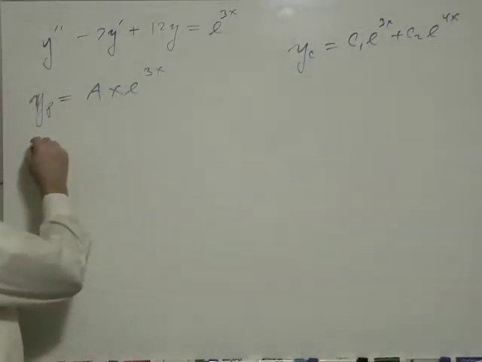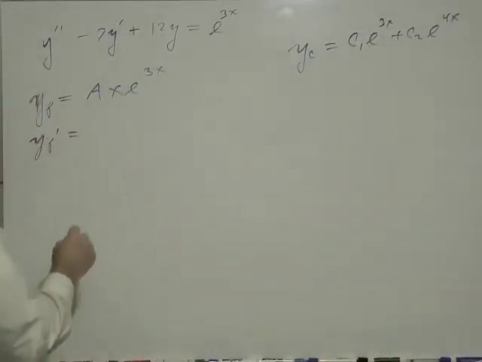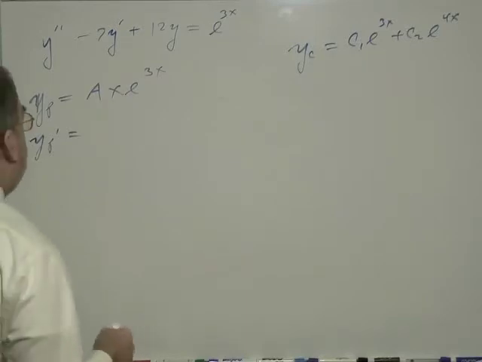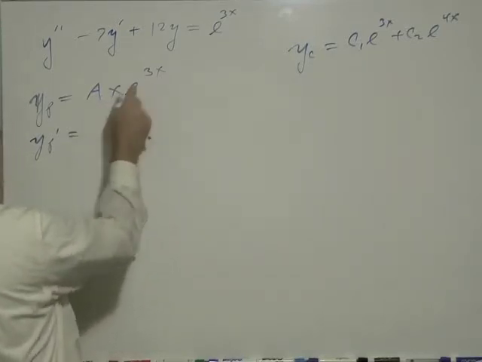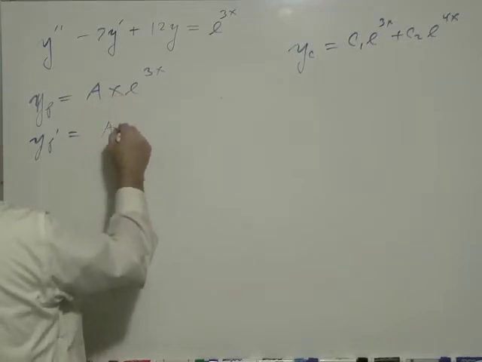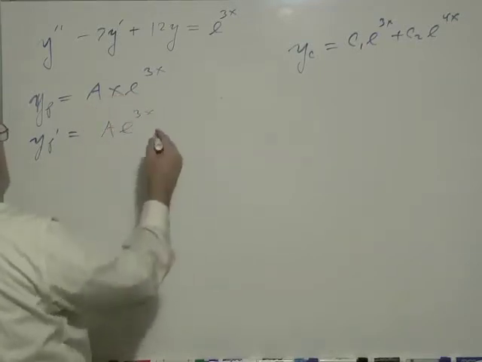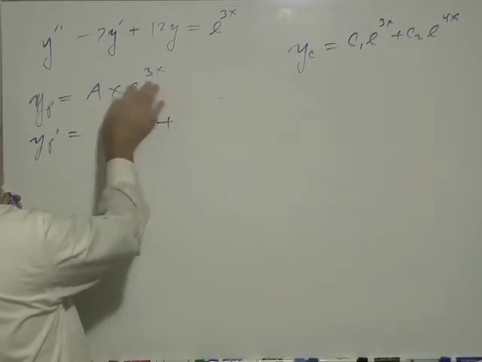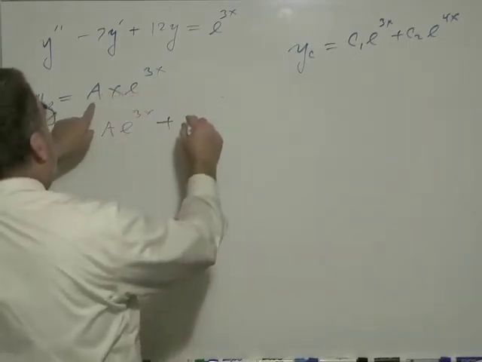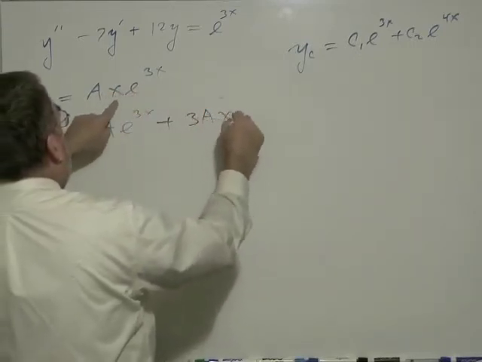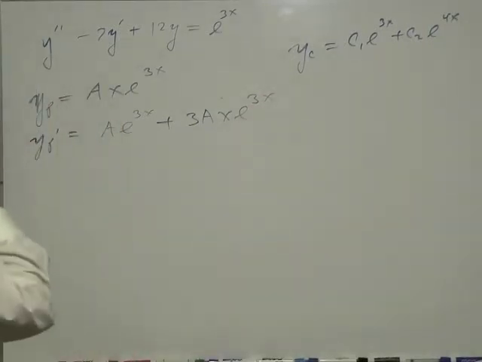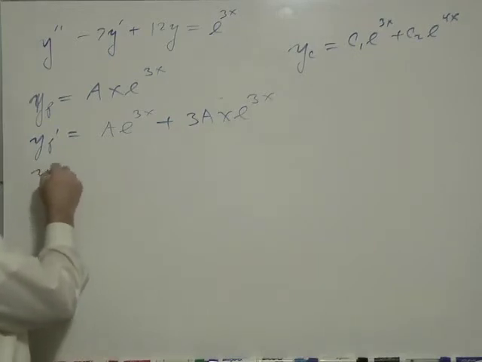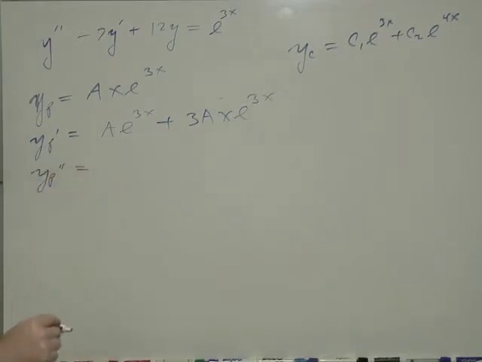The first derivative, and we have a product rule here, so it's going to be this derivative times this: a e to the 3x plus the derivative of e to the 3x times ax, that's 3a x e to the 3x. So there's our first derivative. And our second derivative will get even messier.